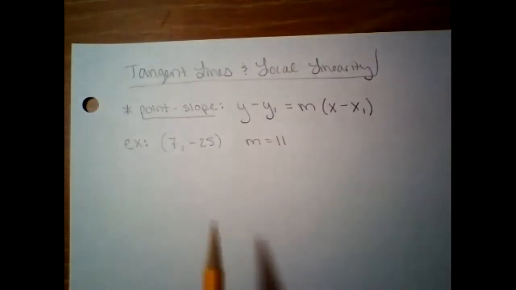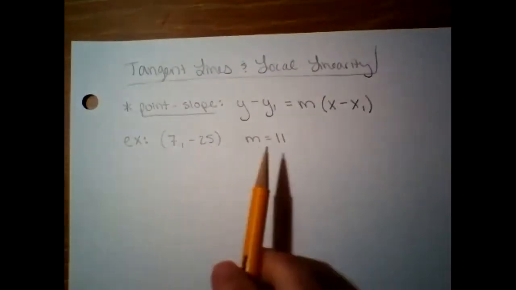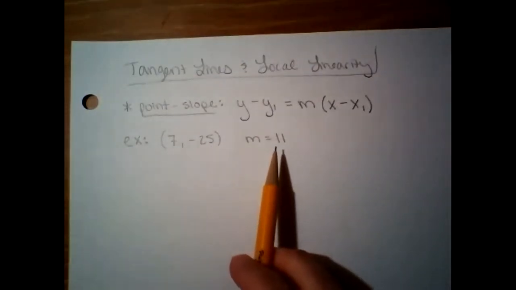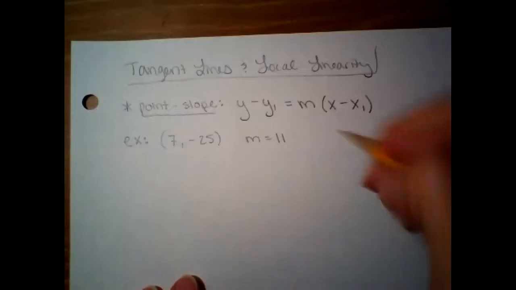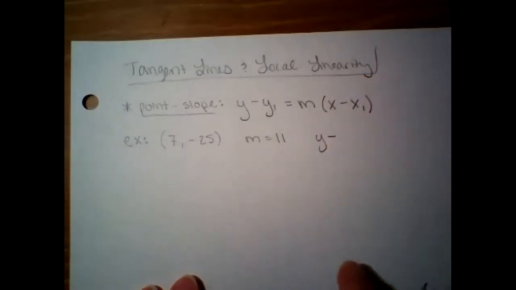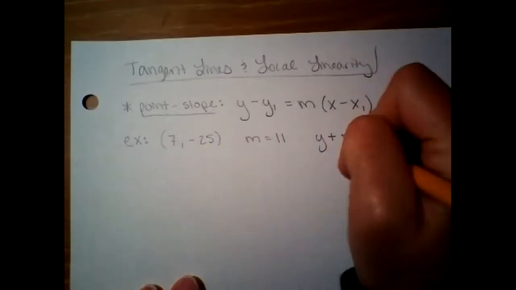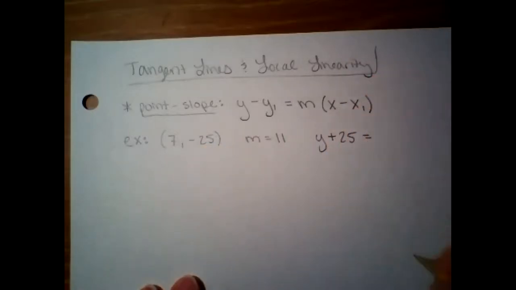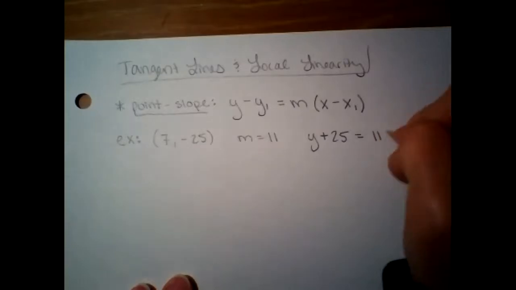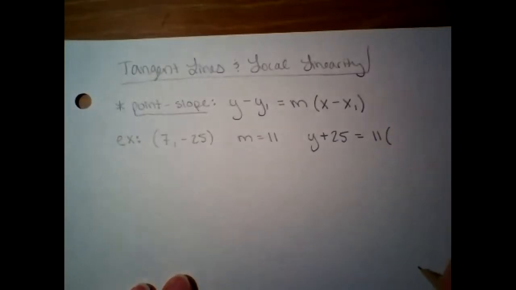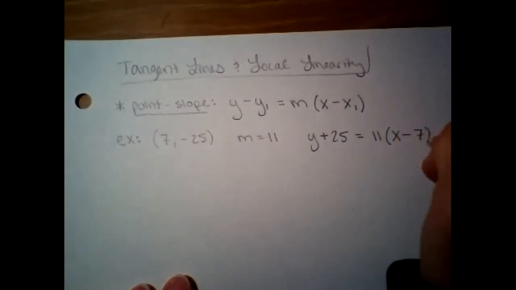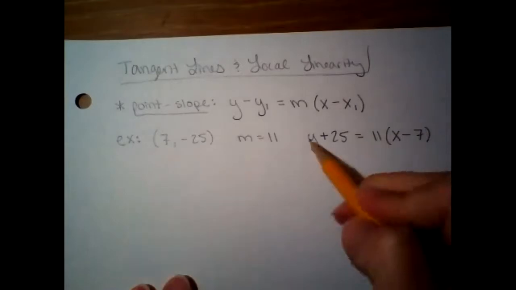All right, so say this is your point and this is your slope. When you go to write that all together in the equation, it's going to be y minus your y value of your point, which in this case, that would be y minus negative 25, so that'll be plus 25, equals your slope, which is 11, and then parenthesis x minus the x value, which was 7.